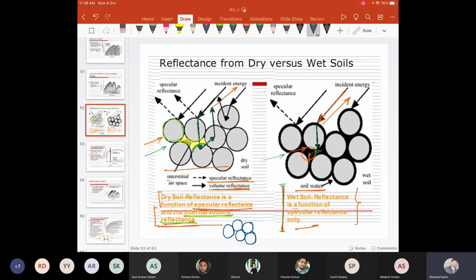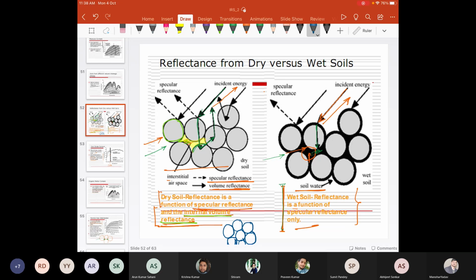Once the void volume decreases, can we get high reflectance or low reflectance? Yes, high reflectance. When the particle gets smaller, the number of voids increases, so it will give high reflectance rather than the large particle.